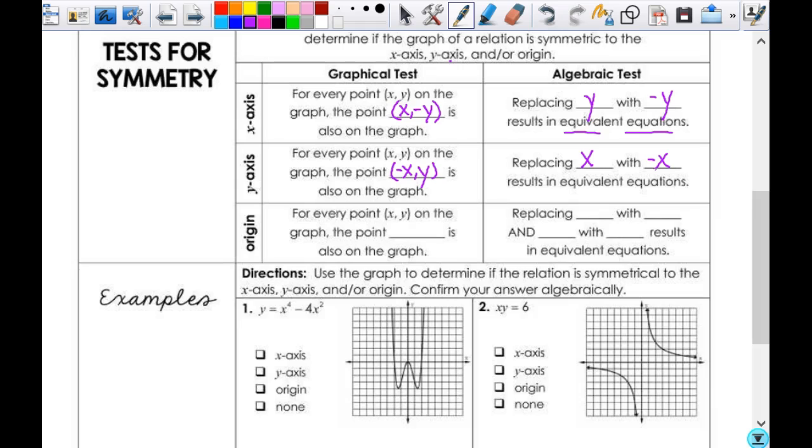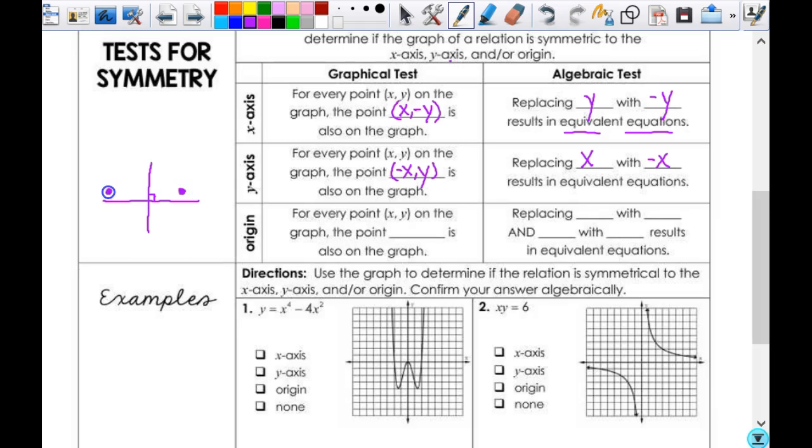Okay, so now let's talk about the origin. One thing you may or may not have learned in geometry, I don't know if y'all all did compositions or not, but if I'm going to reflect a point twice in intersecting lines, it's the same as a rotation. So if I have this point here, and these are my axes, and they're perpendicular, so that's 90 degrees. If I reflect this point in the y-axis, it'll end up somewhere over here, right?